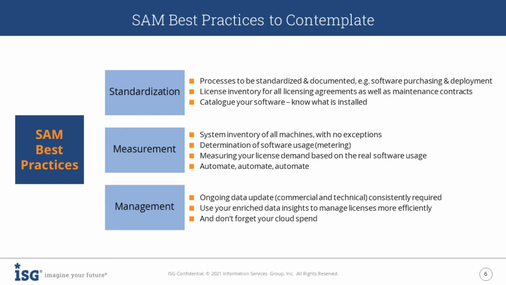When we look at measurement, that's really looking at your use or your utilization. We call it metering, seeing how utilized each individual license is, and keeping tabs on that to really determine how much of your entitlements you're using at any given point in time. And then management. That's really focusing on using those data insights to manage your licenses more effectively and not forgetting about your cloud spend as well.